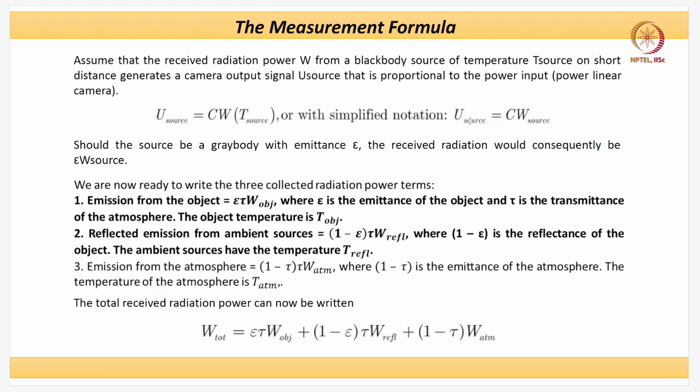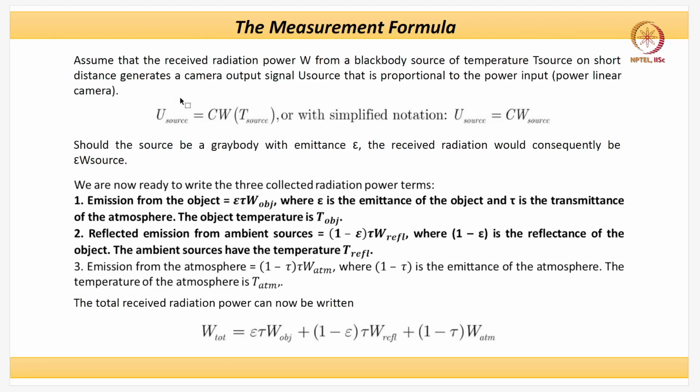U source is equal to C times W source, so it generates a camera signal which is proportional to the input power. Now, should the source be a gray body with emittance epsilon, the received radiation would consequently be epsilon W source, right? Because this is for a black body. If you replace it by a gray body, we know that this will be just epsilon.